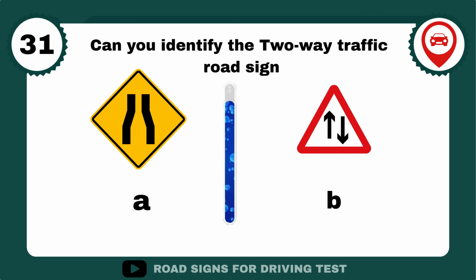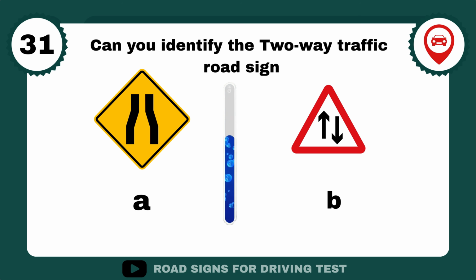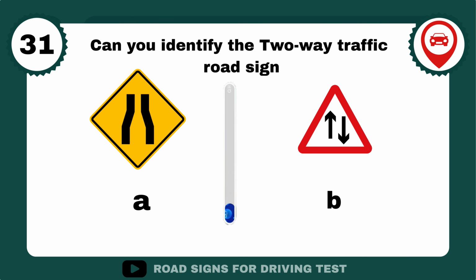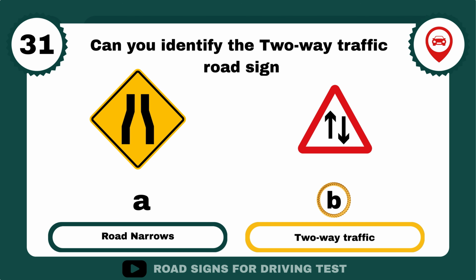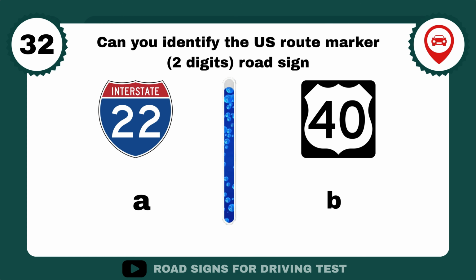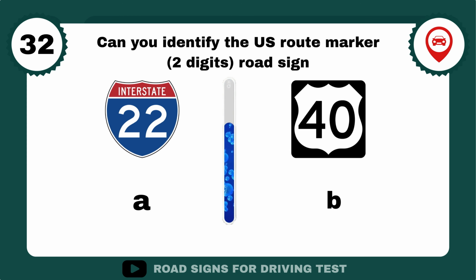Which one represents two-way traffic? Can you spot the U.S. route marker, 2 digits?